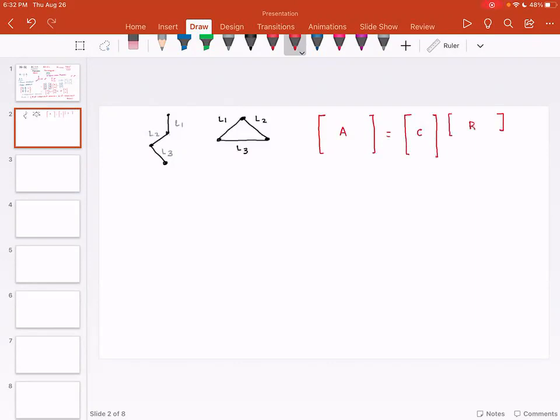This is the decomposition where you have an A matrix that can be split into a column matrix and a row matrix. And when you multiply these two matrices, you get the matrix that you started with. And then the author talks about the ways of doing this C times R decomposition.